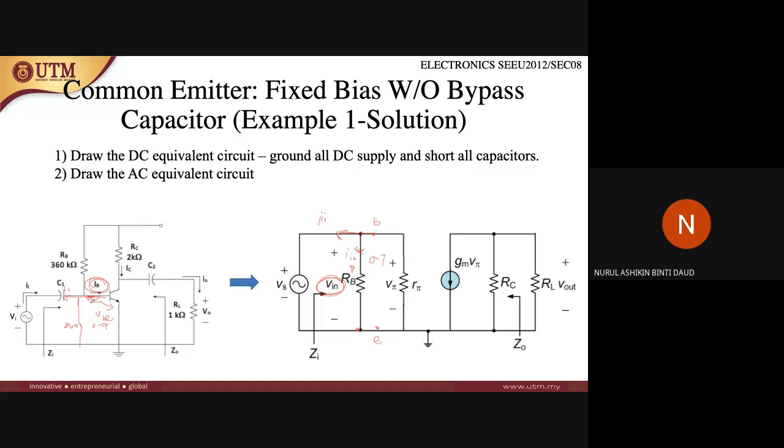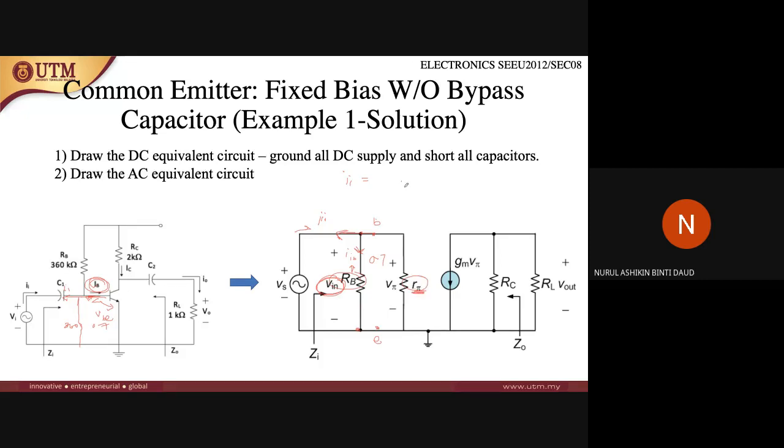V in is going to be the total resistor. Okay. So to find II, II here is equal to, this is two parallelly connected resistors. So we know R pi just now, right?